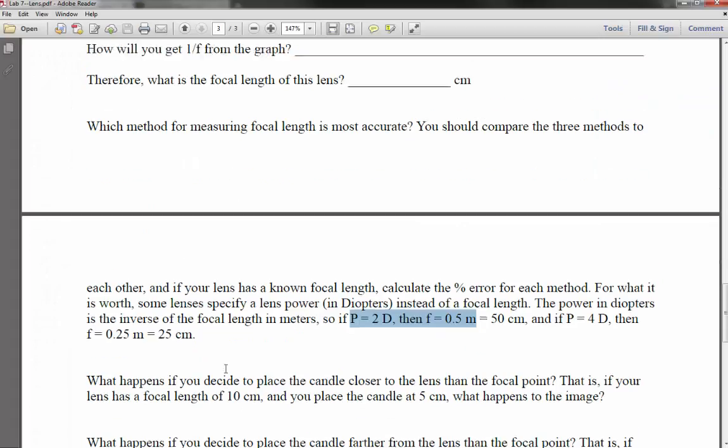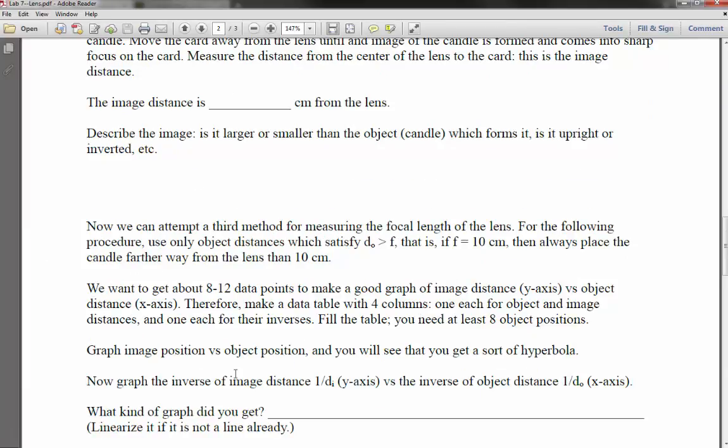The general rule with a lens is that if the image is formed in front of the lens, it's a virtual image and it has a negative position. If it's formed behind the lens, it's a real image and it has a positive image position.